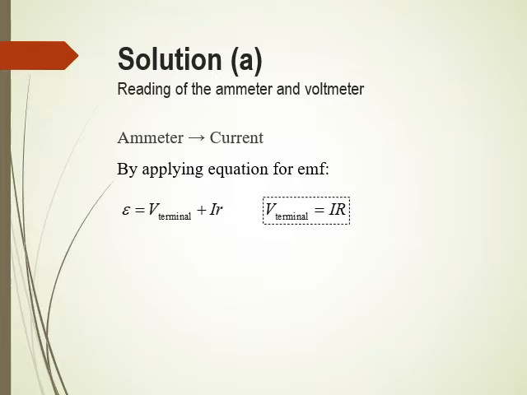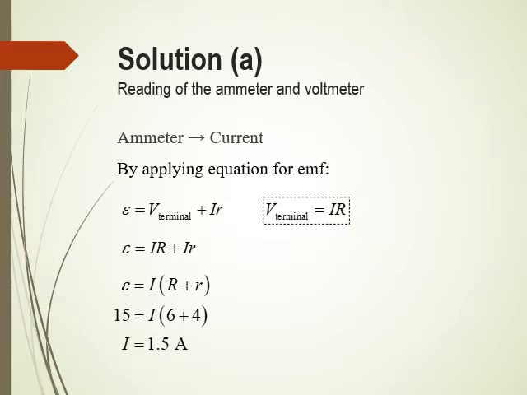Then the equation can be written as EMF equals IR plus Ir. Factorize the I out, and we get EMF equals I(R plus r). Substitute the values into the equation and you will obtain I equals 1.5 ampere.